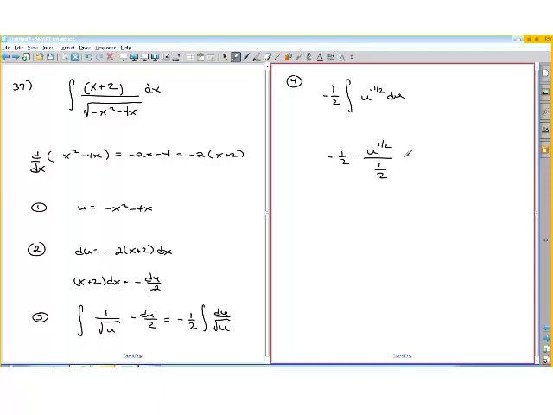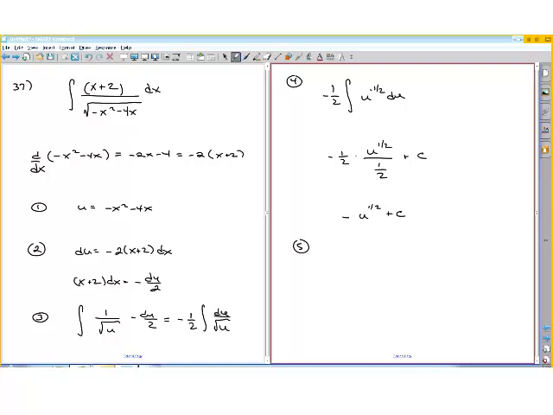I divide by the new exponent, plus c. And this 1/2 is multiplied to this whole thing. This one's divided by 1/2. So if we just look at the denominator, we have 2 times 1/2, which is 1. So we're just going to end up with negative u to the 1/2 plus c.